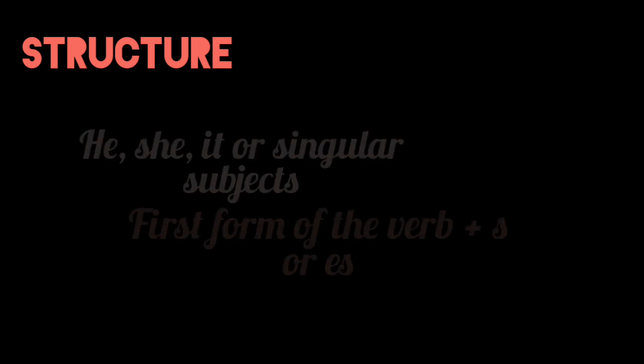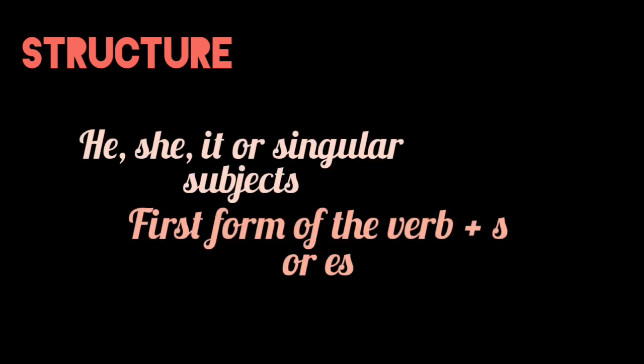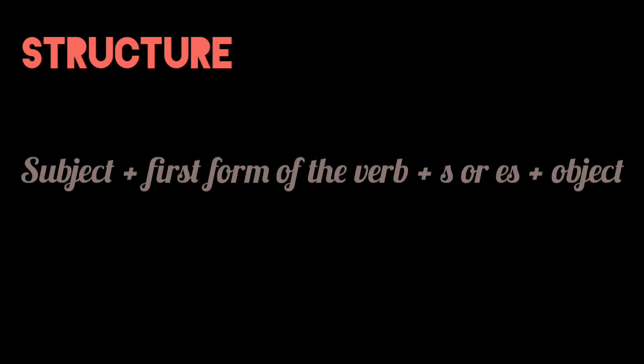I have told you already, where there will be he, she, it and singular subjects, there we will use s or es with the first form of the verb. So the structure of this sentence will be subject plus first form of the verb plus s or es plus object. Object may be optional.